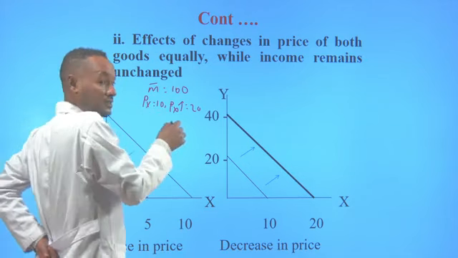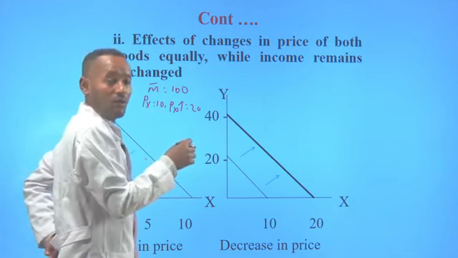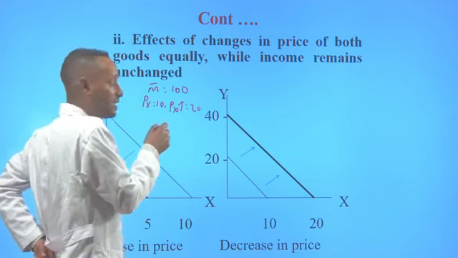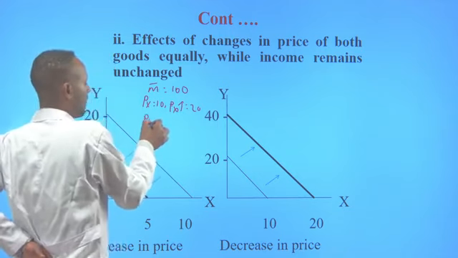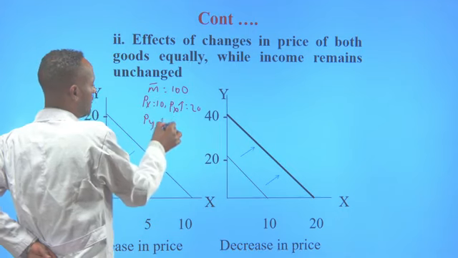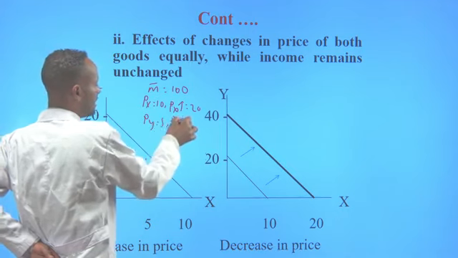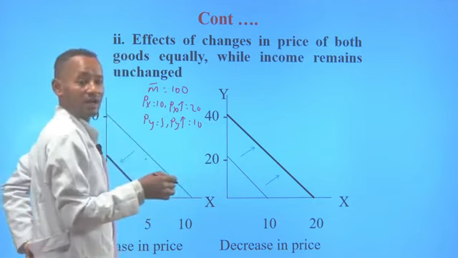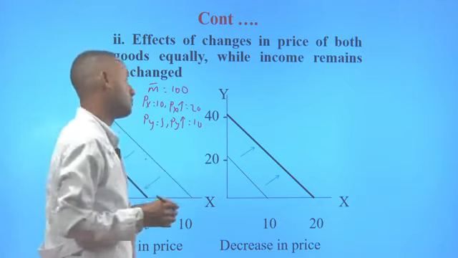And for an equal increase in both goods X and Y, if the price of X is doubled, then the price of Y must be doubled. That means the price of Y was 5 and now it is doubled and increases to 10. Now there's a change in the vertical and horizontal intercepts of the new budget line.